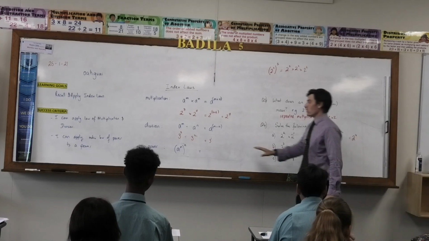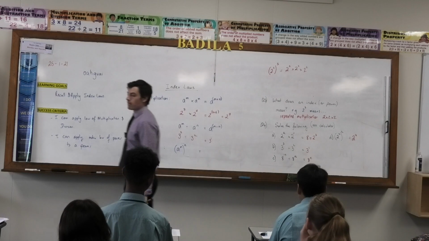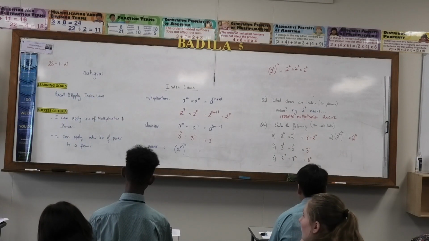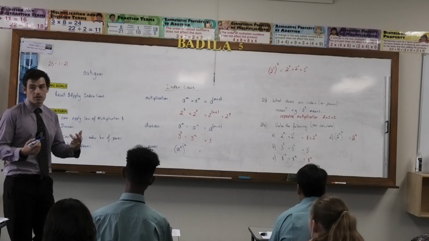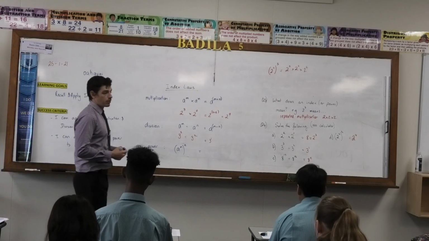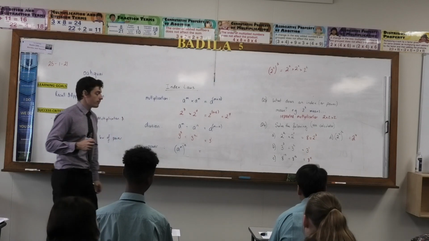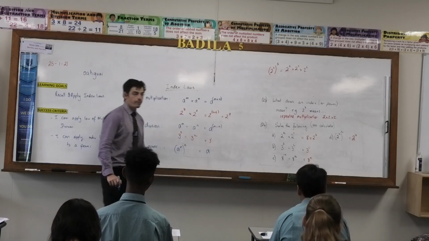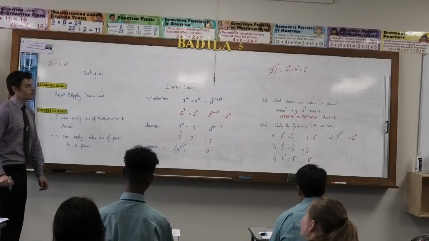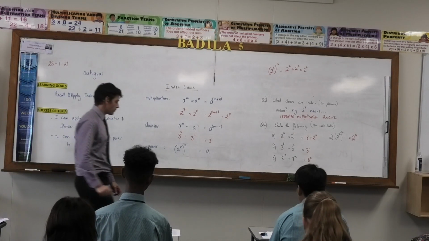So let's come back to our law now. What has Adam done? He's turned 2 to the power of 2 to the power of 3. What's happened? What do you reckon, Lockie? What's he done? A to the power of m.